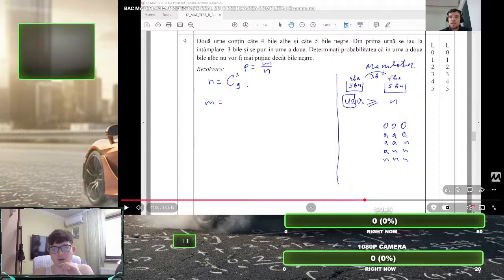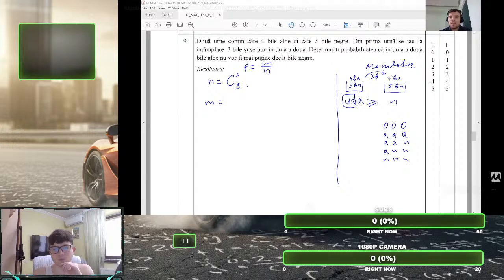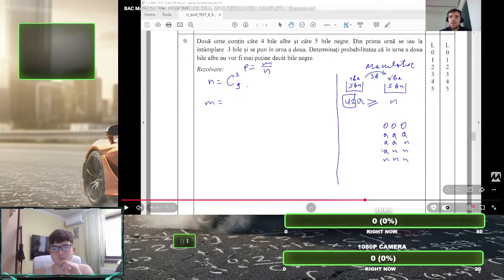So these are all the combinations. Why did he write down that 3 black balls can be moved? This cannot be happening. Should delete that. Oh, so he deleted that.